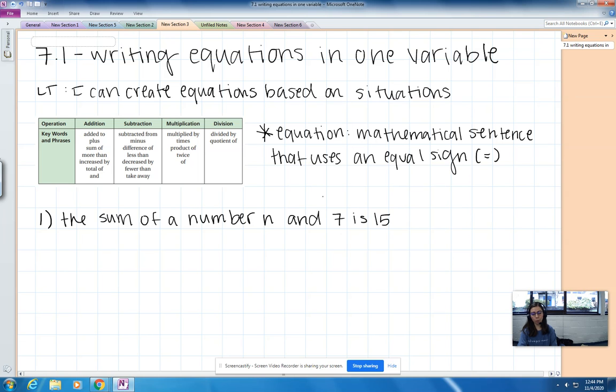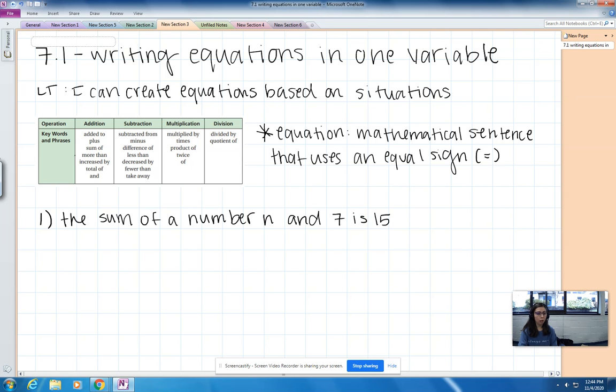Today we're doing that, but we're going to be writing equations, so we're going to have an equal sign somewhere in there. This chart here is going to help us identify which words mean which operation, and it will be available for you to use on your problem set as well. So let's just read it and pick out some of the key words to figure out what operations we might be using here. It says the sum of a number n and 7.